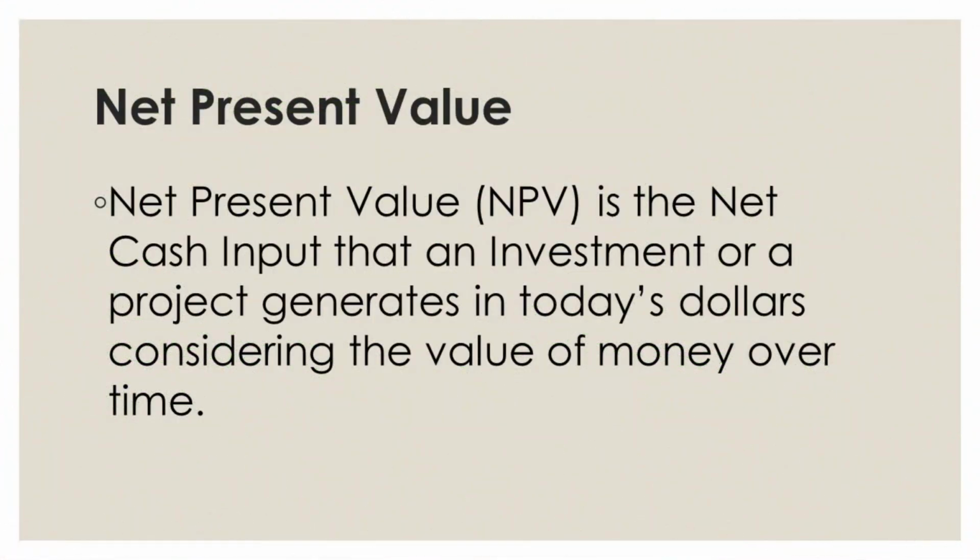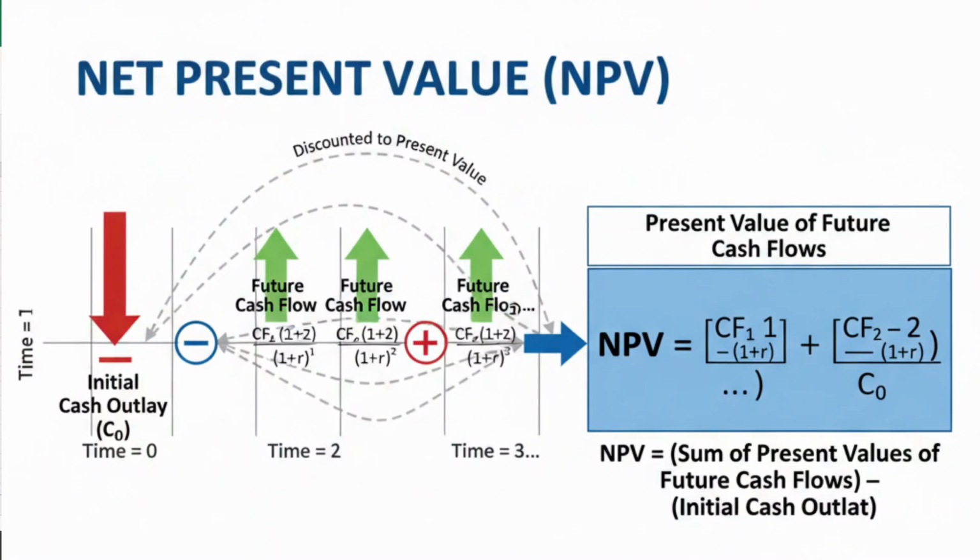Net present value is the net cash input that an investment or a project generates in today's dollars, considering the value of money over time. So, what the net present value does is that it converts future cash flows into what their value is today, and then it subtracts the initial investment from that present value of future cash flows to arrive at the net present value.